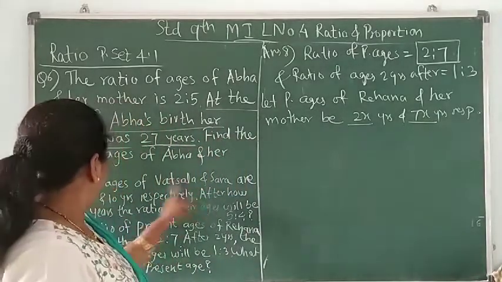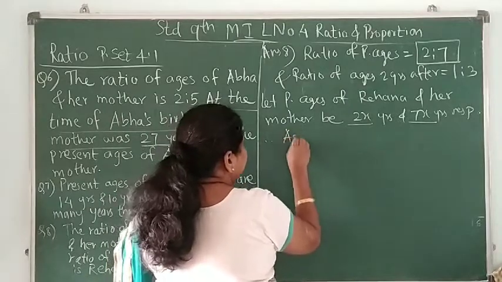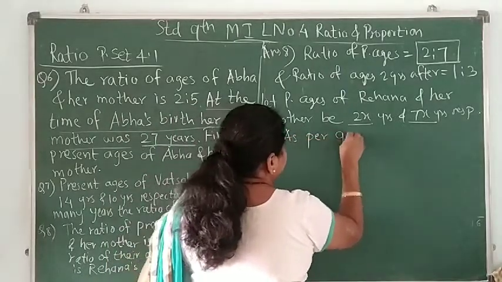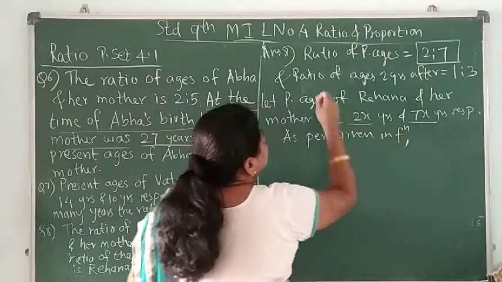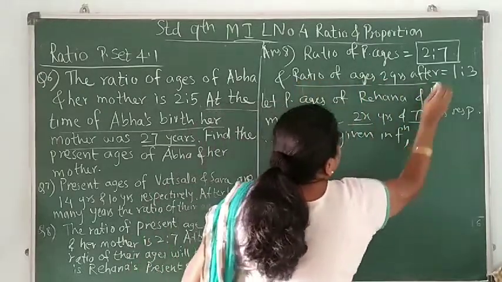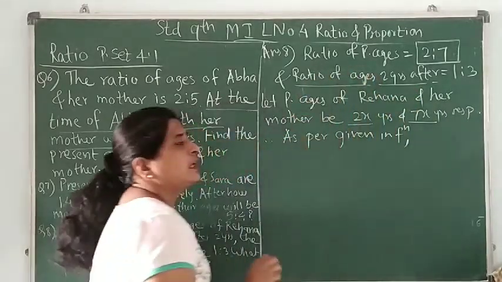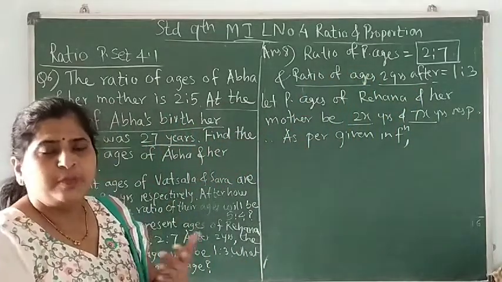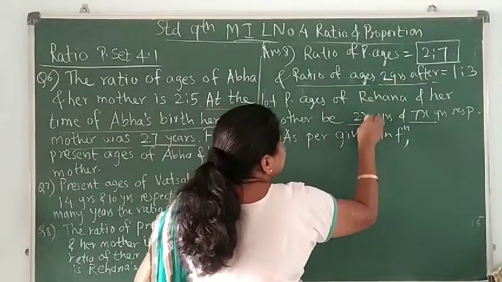So after 2 years, what will happen? Therefore, as per the given information, the ratio of their ages 2 years after. Whatever the present ages are, after 2 years their ages will grow, so you have to add 2 years to the present ages.